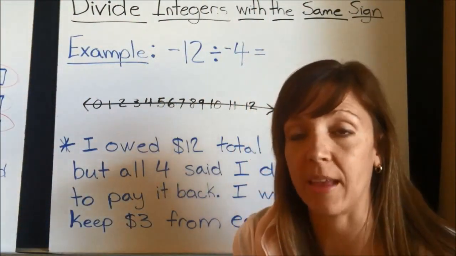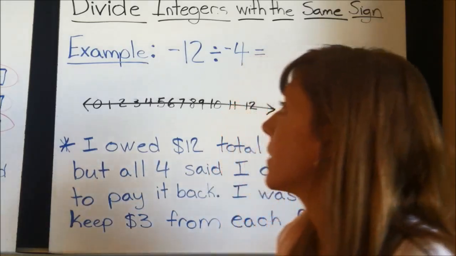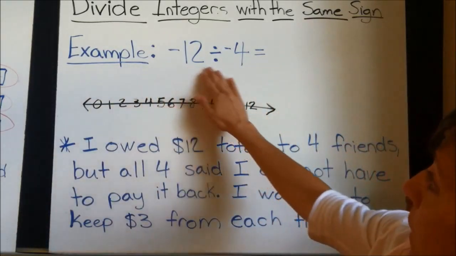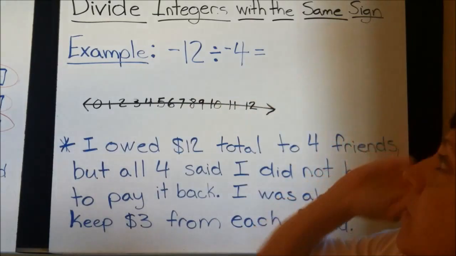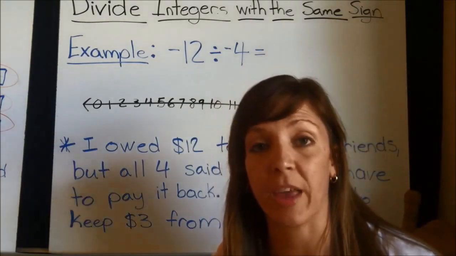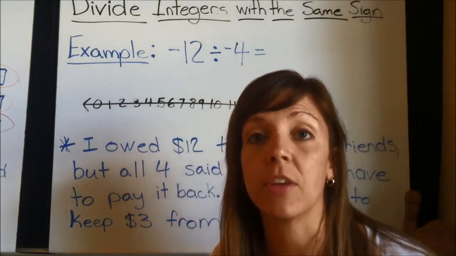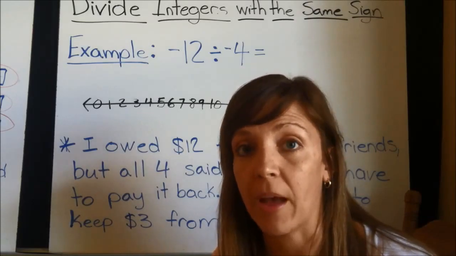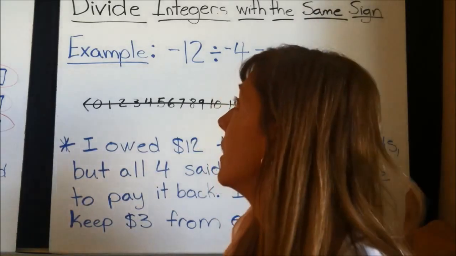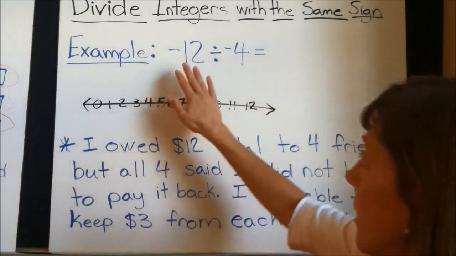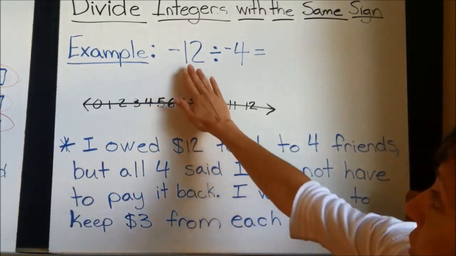Divide integers with the same sign. An example, negative 12 divided by a negative 4. Just like with multiplication, when we multiplied a negative times a negative, our answer came out to be a positive. It's the same with division, because division is an inverse operation of multiplication.